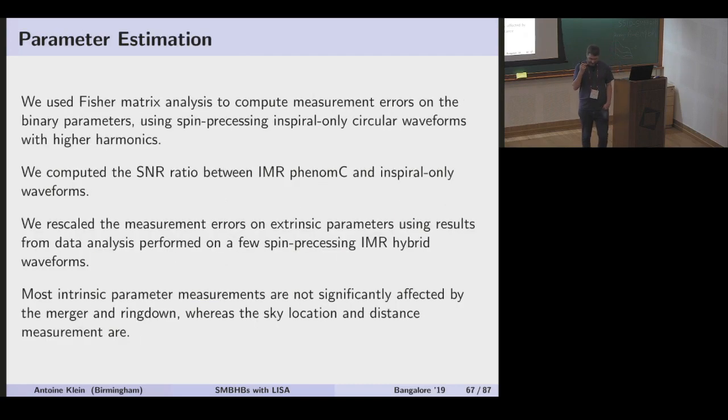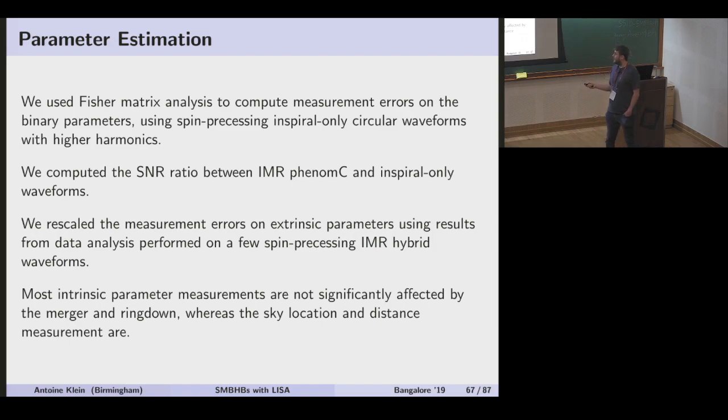Right. So what we did next with these catalogs of binary mergers is that we did a parameter estimation study in order to tell how well we can measure all the parameters of the binary with LISA observations. For that, we used a Fisher matrix analysis, and we used spin precessing waveforms, circular and inspiral only.